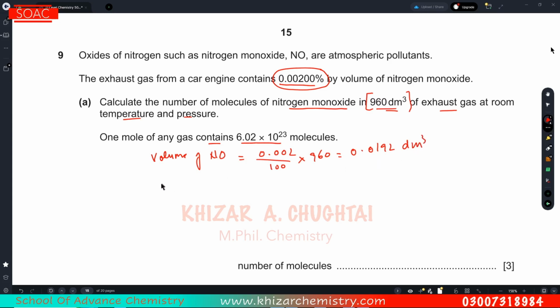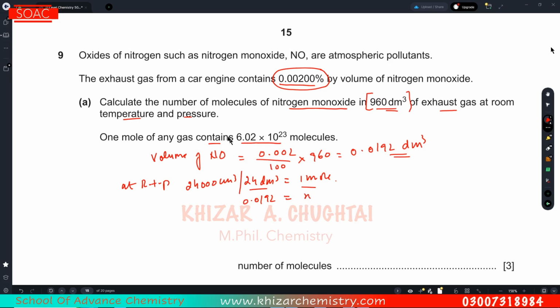And we know at RTP, 24,000 cm cube or 24 dm cube is equal to 1 mole. We have volume in dm cube, so 24 dm cube is equal to 1 mole, and 0.0192 will be equal to how many moles?